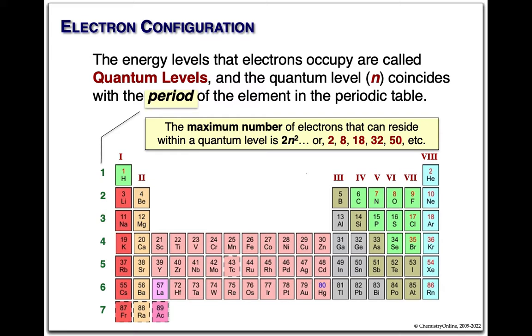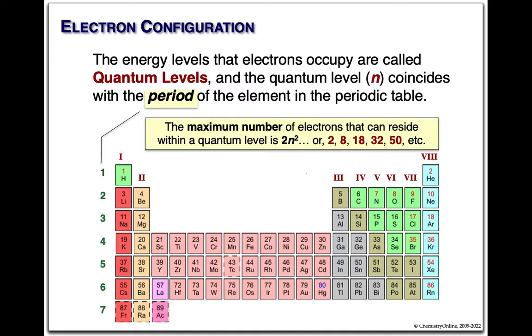So we do 2, 8, 18, 32, 50, etc. We are only going to deal with the first 3 periods here, okay? You can save the rest for general chemistry. But, so 2, 8, and 18 are what we're looking at.